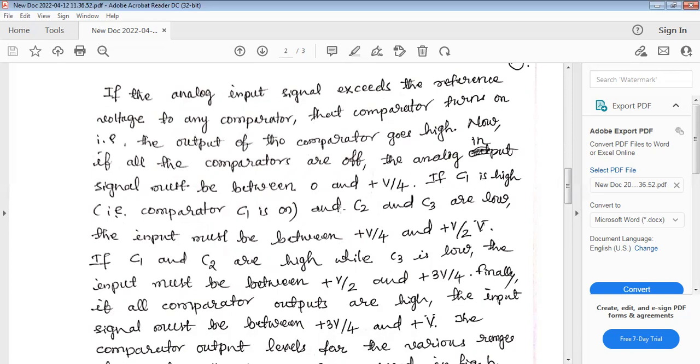If C1 is high, that is the comparator C1 is in on state and C2 and C3 are low, then the input must be between plus V by 4 and plus V by 2 volt.